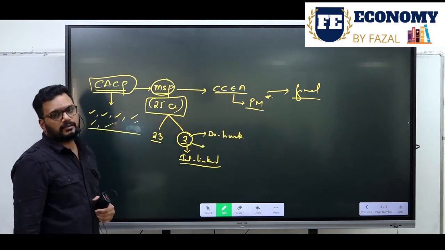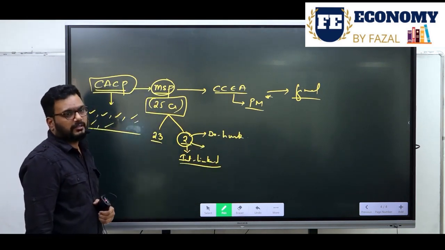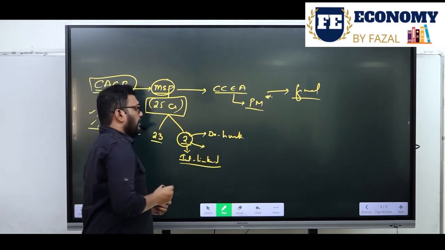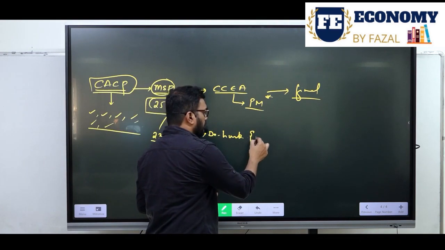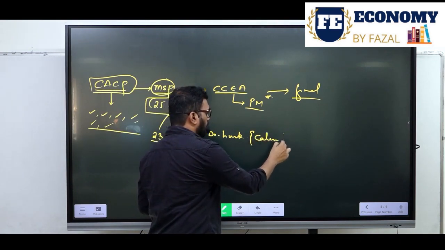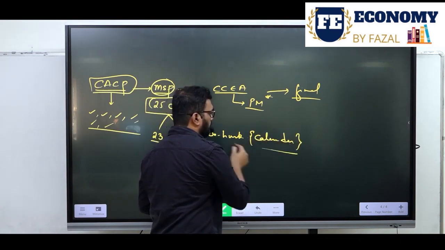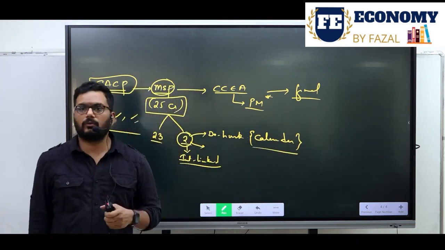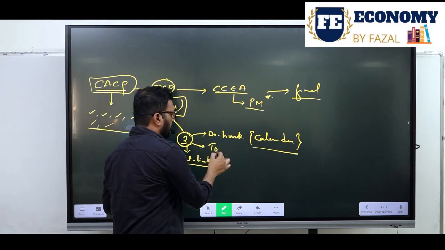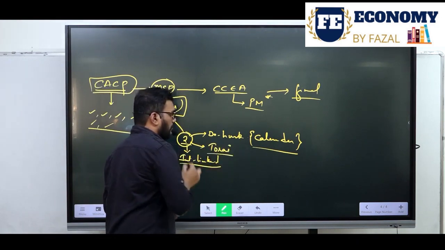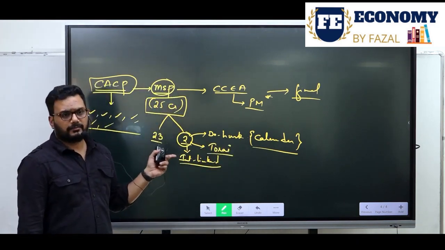and next, most important, one crop of the calendar year, and here mustard and toria are interlinked.